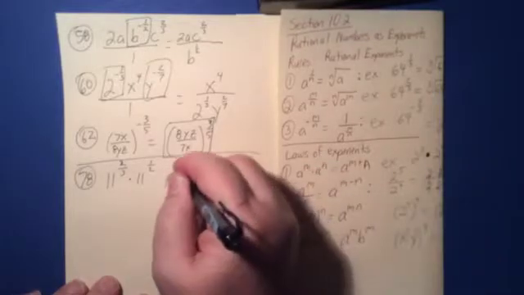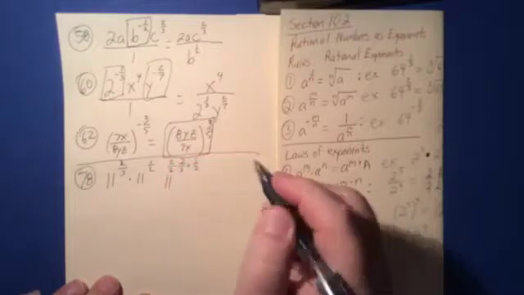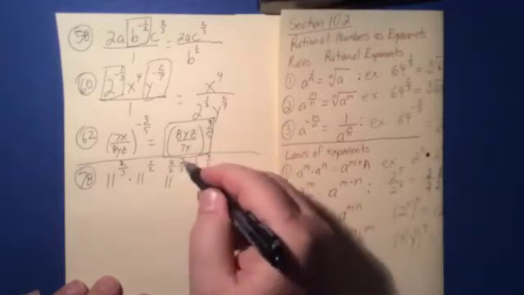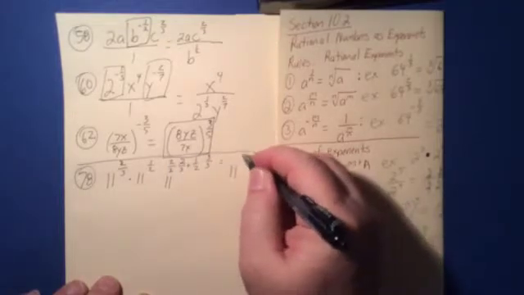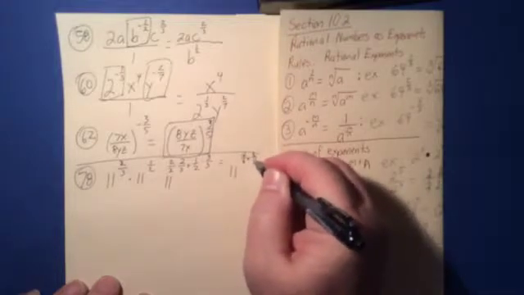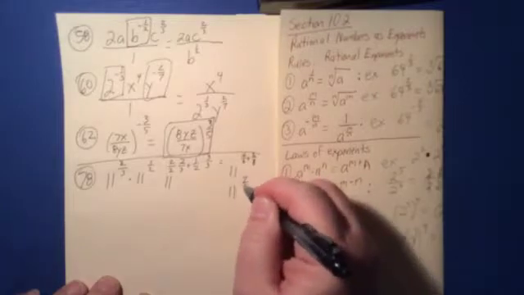So hopefully most of you know that if I have something like this, I need to multiply the top and bottom of this by 2, the top and bottom of this by 3. So I'm going to get 11 to the 4 over 6 plus 3 over 6, or 11 to the 7 over 6.